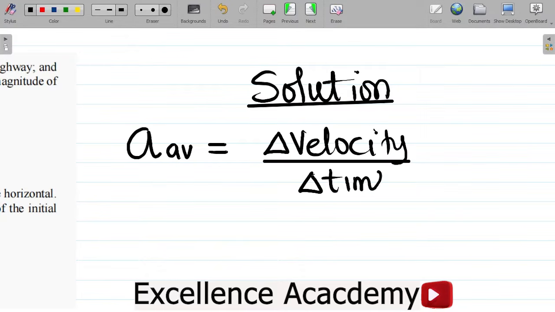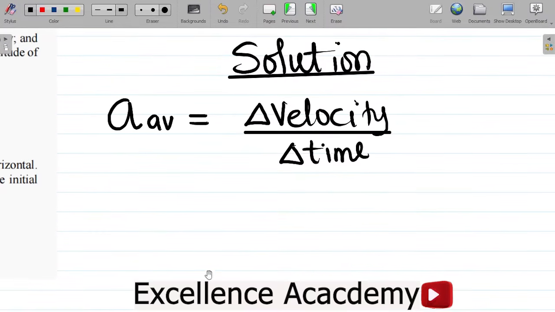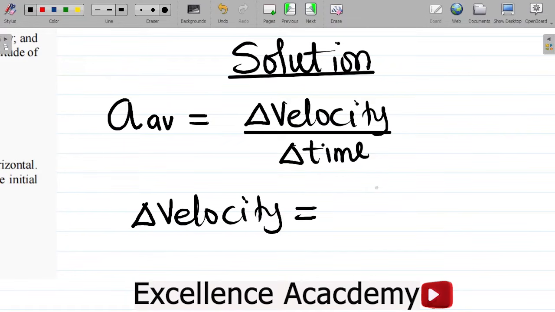That's your formula for average acceleration. Also, you want to know that change in velocity is equal to the difference between the final velocity and the initial velocity. Let's call this change in V, and this change in T.